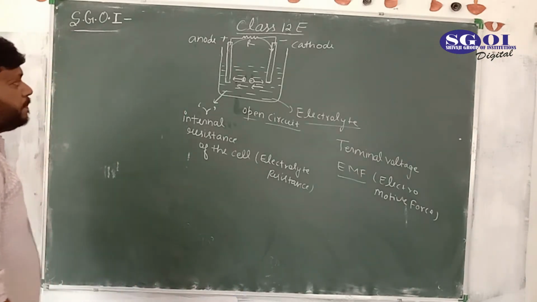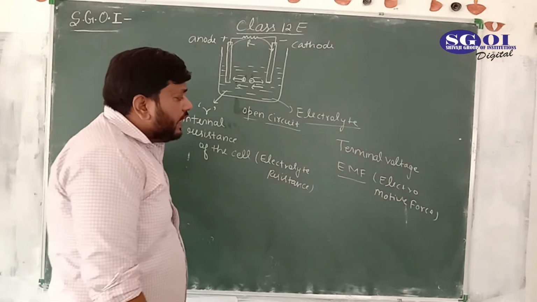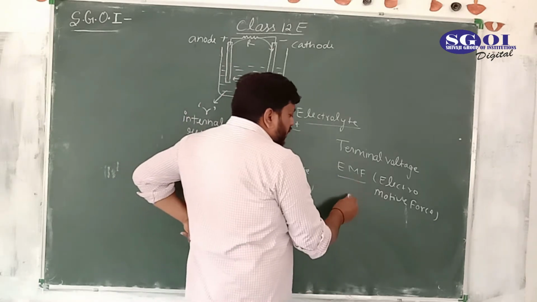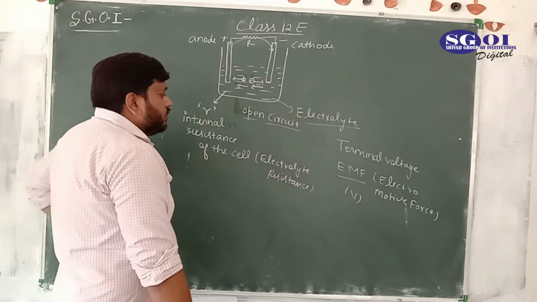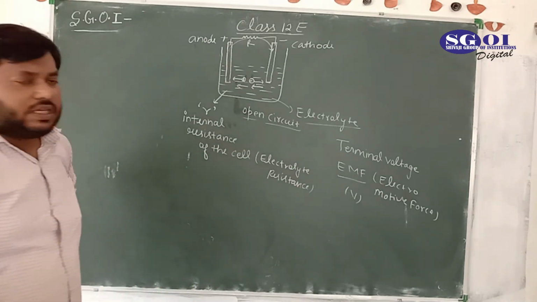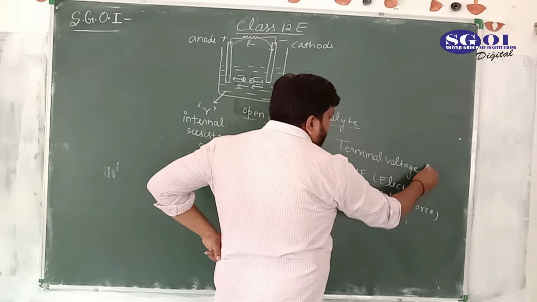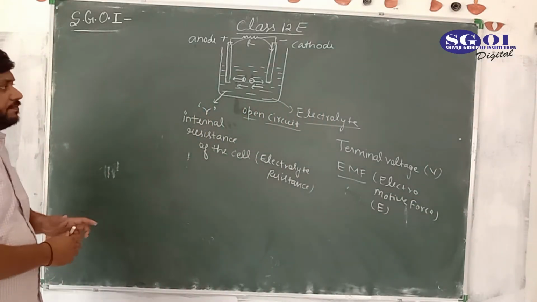For defining the electromotive force, which is also a potential difference, it is represented by V. Okay. So what is it?